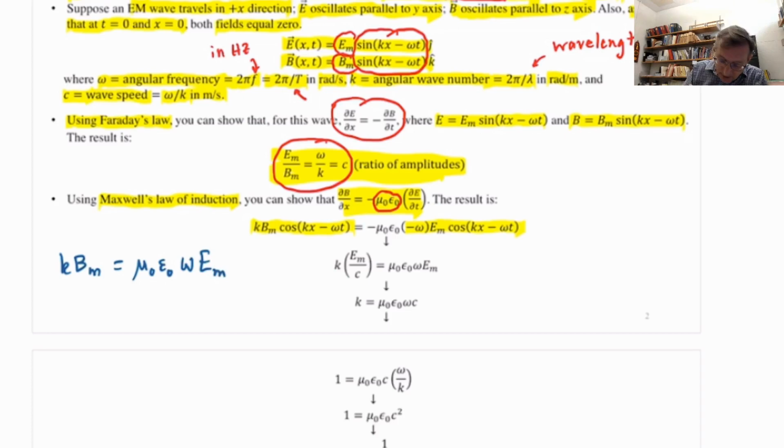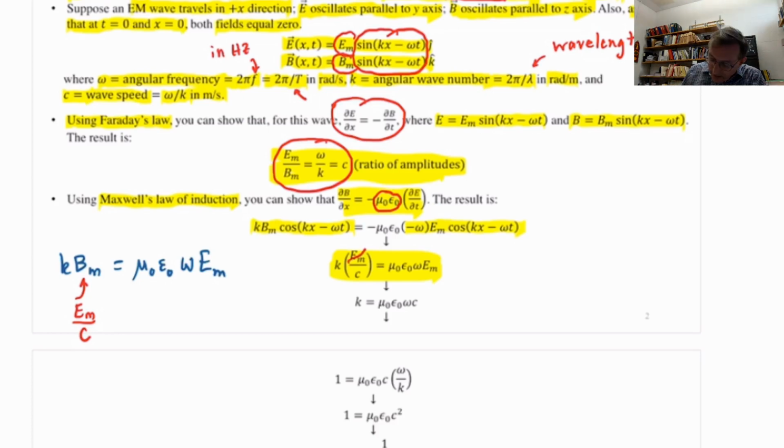But then we'll substitute what we just learned, that the ratio of the wave amplitudes E max over B max equals c. Or rearranging, B max equals E max over c. And then we get this expression: k E max over c equals mu0 epsilon 0 omega E max.